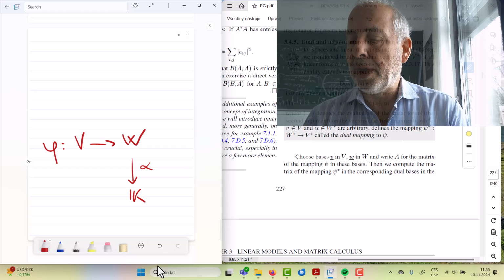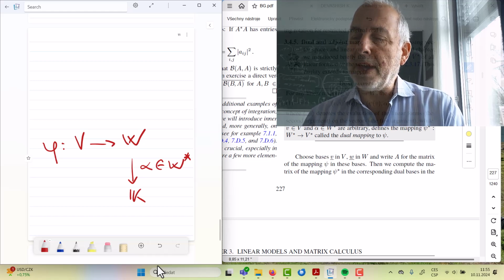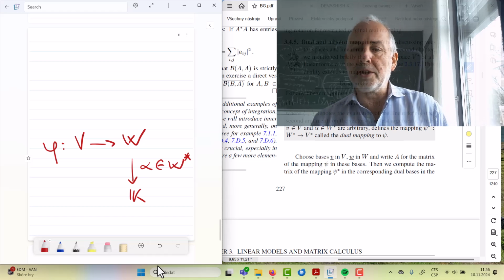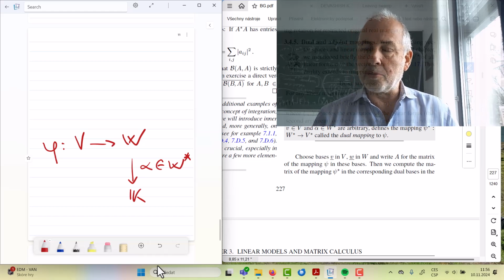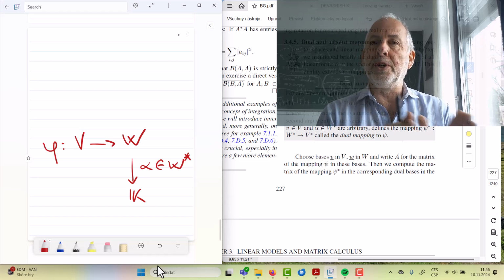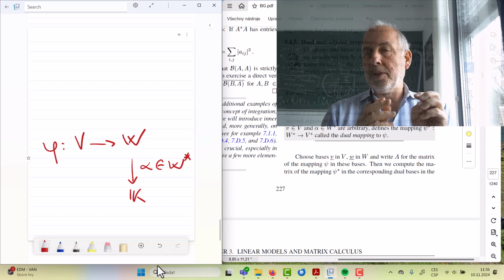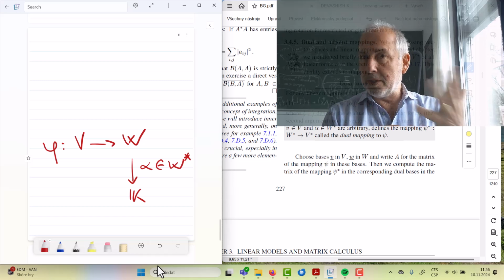This was in the dual space, right? The space of all linear mappings from a vector space to scalars were called linear forms. Typical examples are the individual coordinates. This is something which is linear and associates to each vector the j-th coordinate, right?